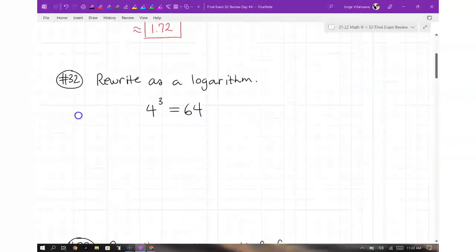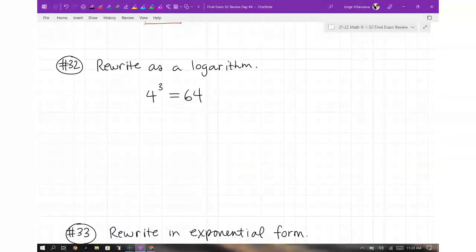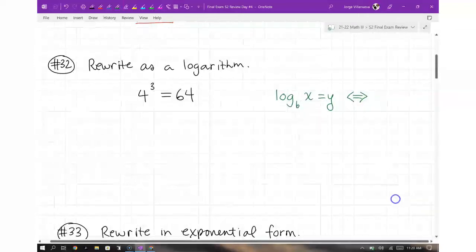All right. Rewrite as a logarithm. Okay? So there is a definition that says log base b of x equals y implies, and we could put the arrow in both directions because you can actually move in both directions, b to the y equal to x.